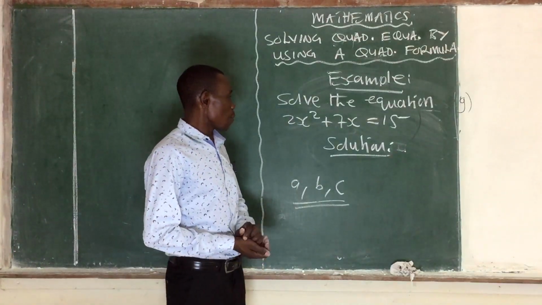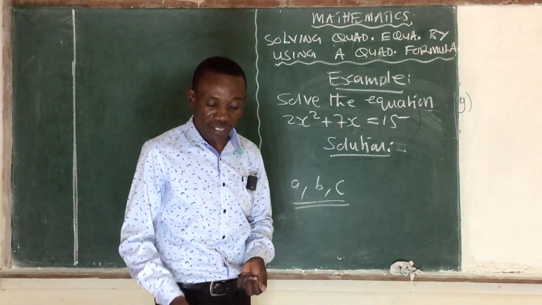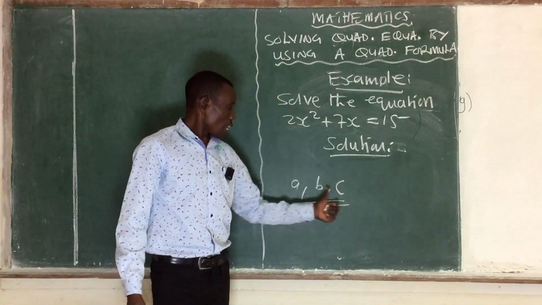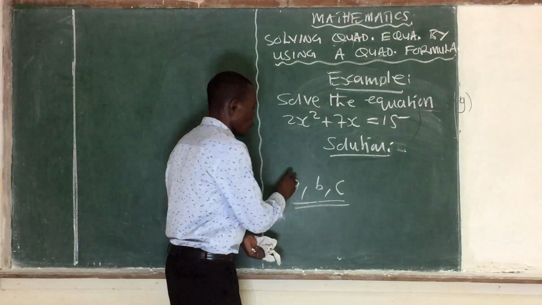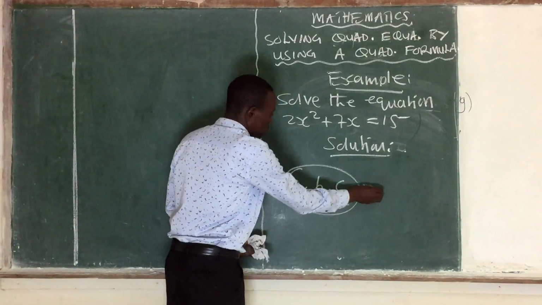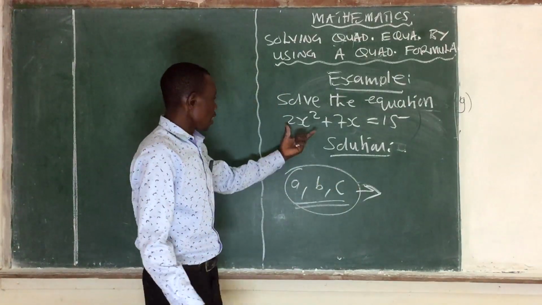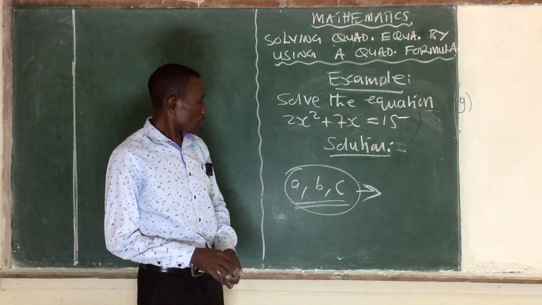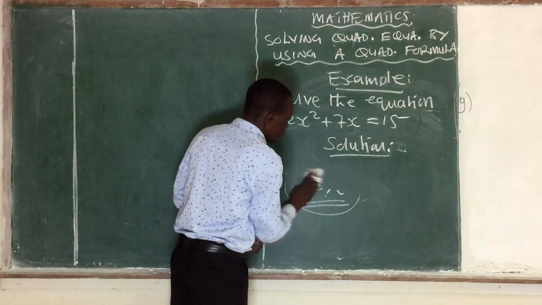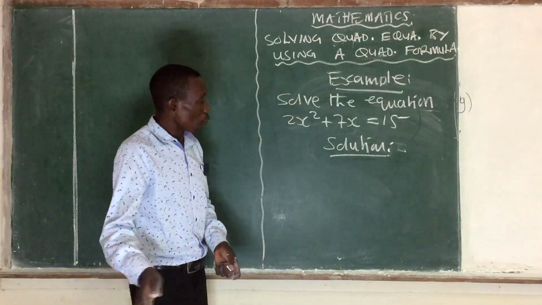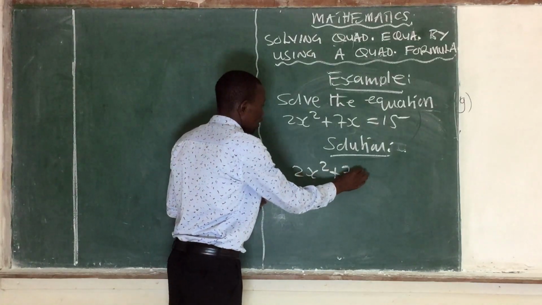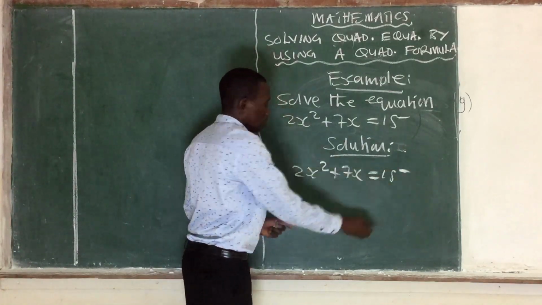Each time we use the formula, you should understand that the formula contains these letters, and these letters represent the constants attached to the terms of the equation. For example, as displayed on the board, we have 2x squared plus 7x is equal to 15.